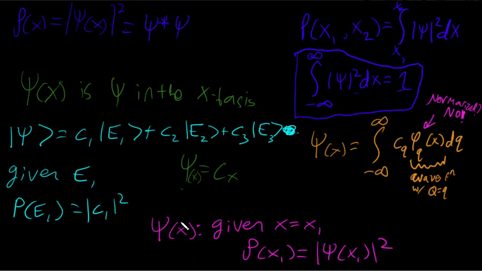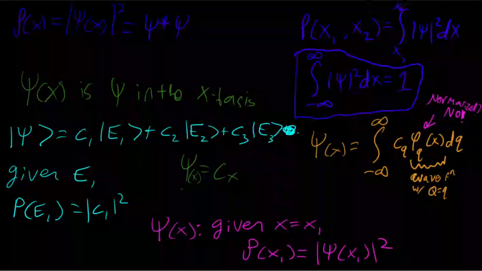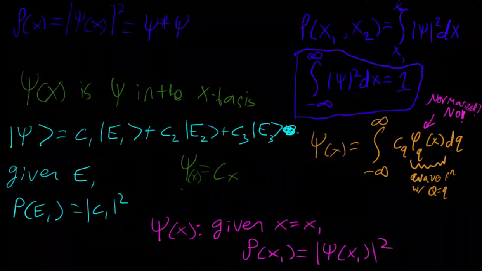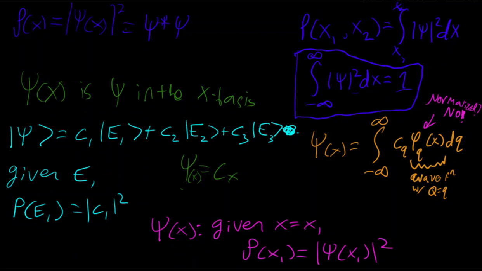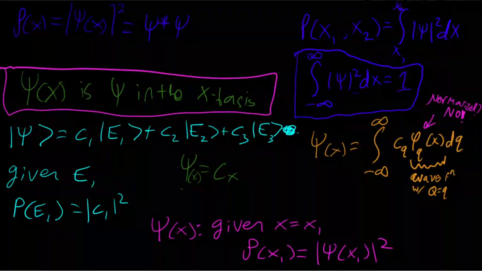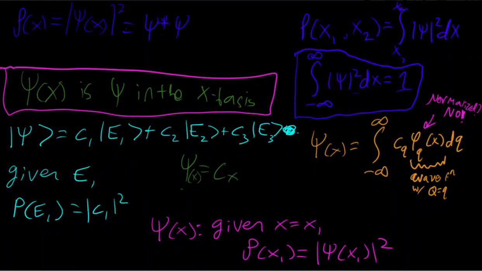Well, when we write psi of x, right away, if we've got this function, we know the probability density at any point x. So this is written in the x basis. This is really, really important. Hopefully this wasn't too confusing. I know we did a lot this video. You saw the normalization. You saw this result. These results are really, really important.